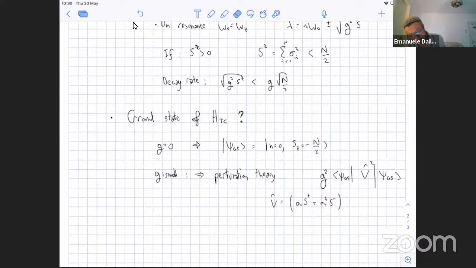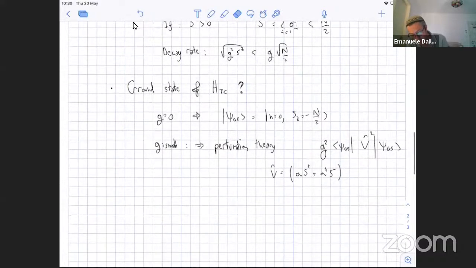Well, actually, in this case, even in perturbation theory, you wouldn't obtain anything because when you apply V on the ground state, you cannot create any excitation. So even perturbation theory wouldn't lead to any effect.